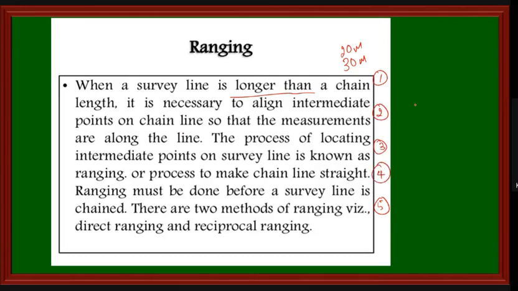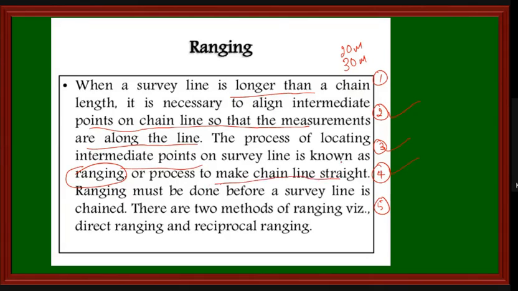So we want to make them sit in a straight line, so that the measurements are along the line, that is, all are in a straight line. The process of locating intermediate points on the survey line is known as ranging. Locating intermediate points on the chain line is nothing but the ranging, or the process to make the chain line straight.